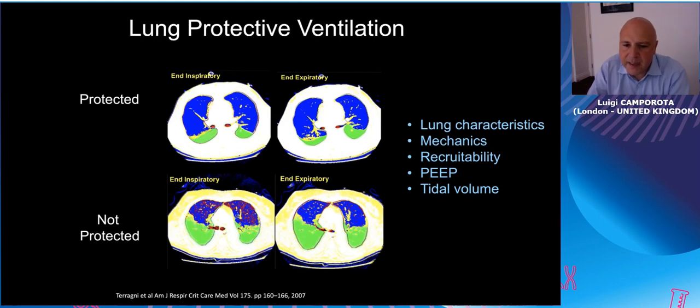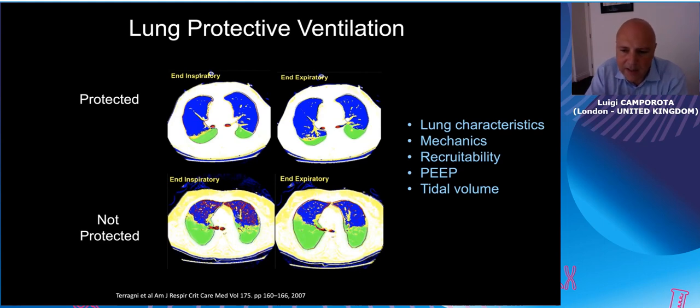So it becomes clear that lung protective ventilation is not just given a certain amount of tidal volume or plateau pressure, but is the interaction between the tidal volume, the lung characteristics, the mechanical characteristics of the lung, recruitability, the level of PEEP, etc. You can see, for example, that if the lung is small at the bottom, there's a lot of consolidation, the one in green, then the mechanics will be different from the one at the top.